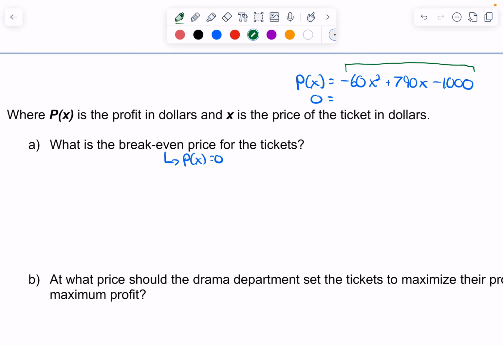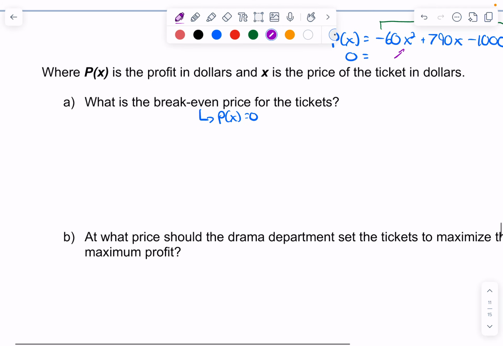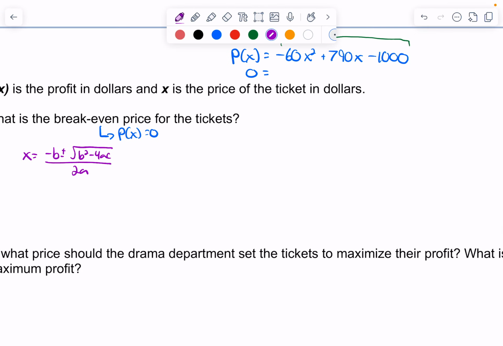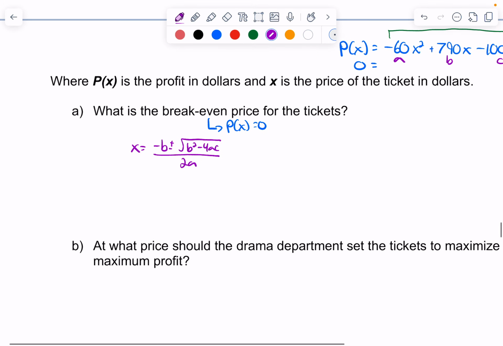The variable in question when we are setting this to 0 is x. So this would be x equals negative b plus or minus the square root of b squared minus 4ac, all over 2a. So this will be a calculator question. All right, let's plug in all our values. Remember, this is a, this is b, and this is c. So just plug in where you see the variables.